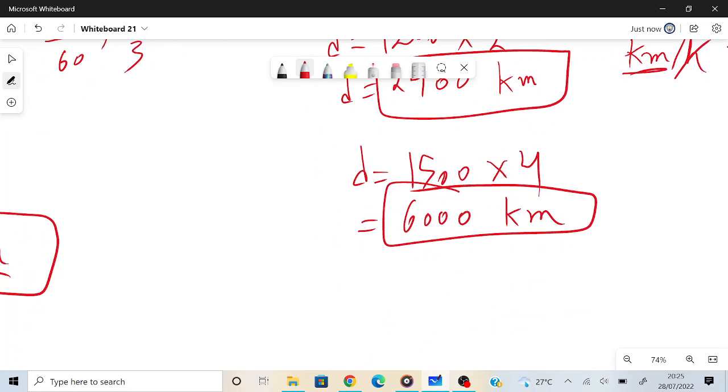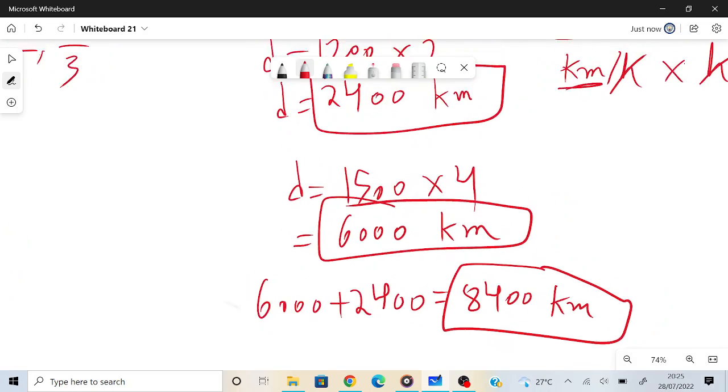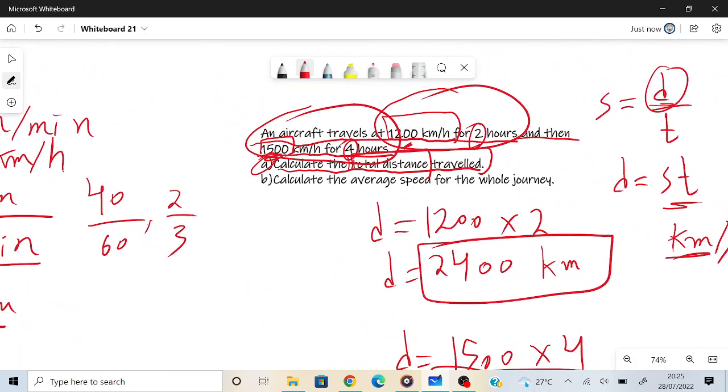So 6,000 plus 2,400 gives you 8,400 kilometers. And that is the final answer for part A of that question. The total distance covered is 8,400 kilometers.